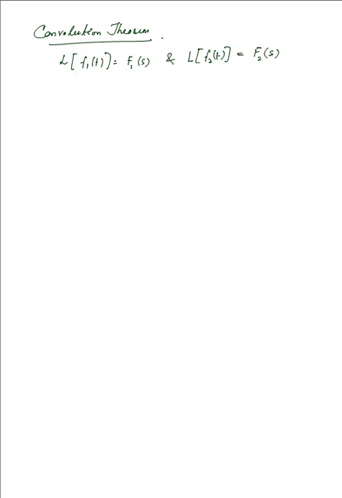So first of all, we have the convolution theorem, which tells us that if we have the Laplace transform of f1(t) equal to capital F1(s), and the Laplace transform of f2(t) equal to capital F2(s), then the Laplace transform of the integral taken from 0 to t of f1(x) times f2(t minus x) dx is going to be equal to capital F1(s) times F2(s).